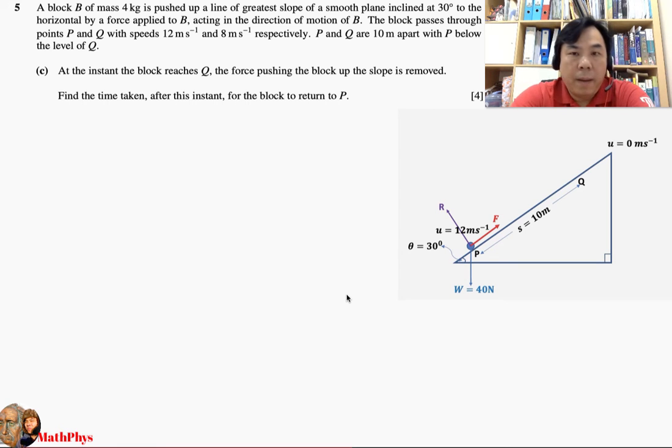Right. Now, first of all, we will need to figure out how far the block B would actually move after Q. Right? Because once you remove the force itself, it would no longer have sufficient energy to further progress upward the slope. Therefore, there will be a position where it would reach the final speed of 0 meter per second.